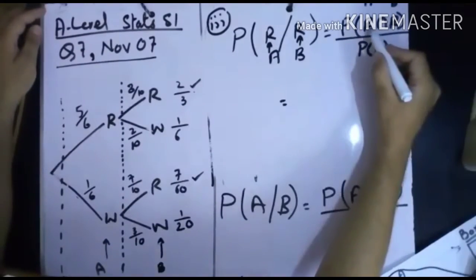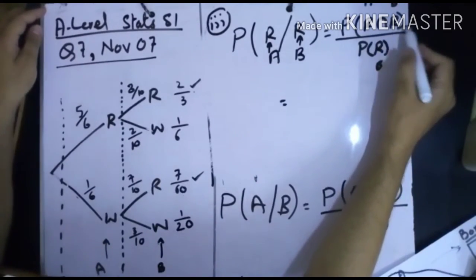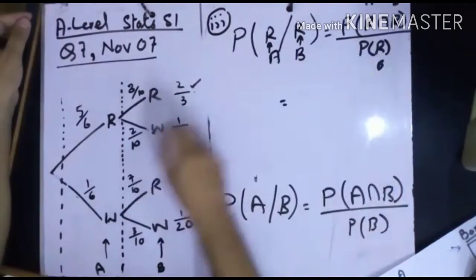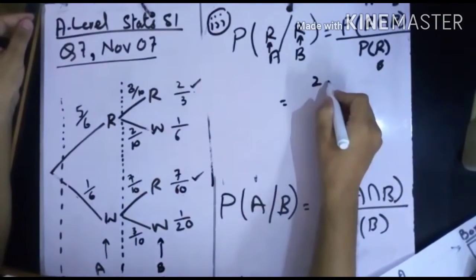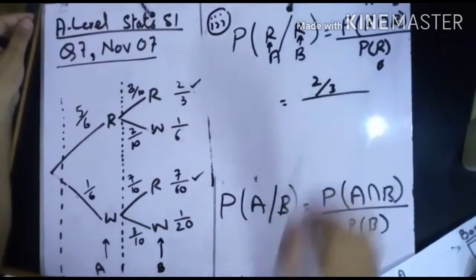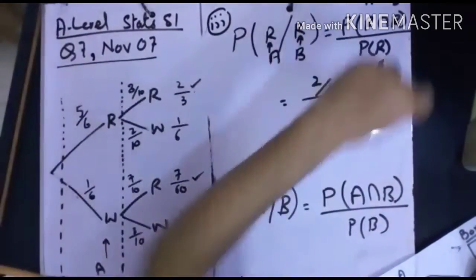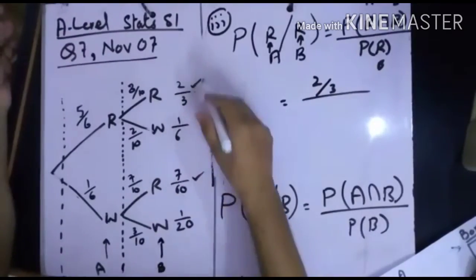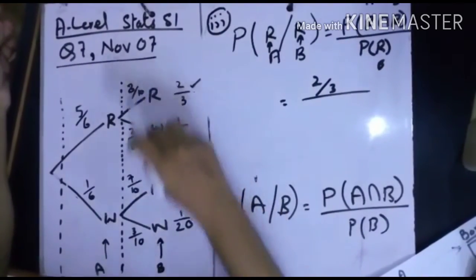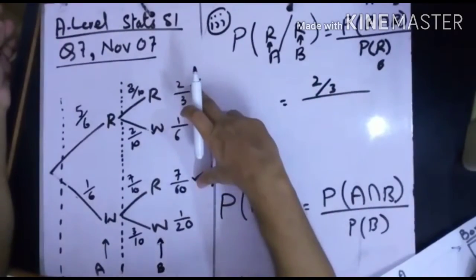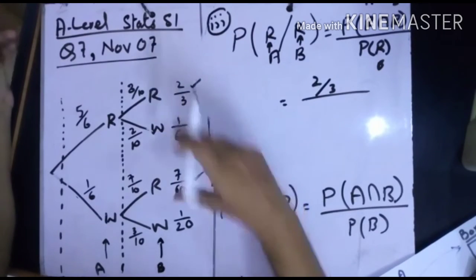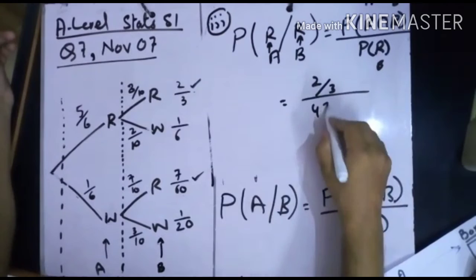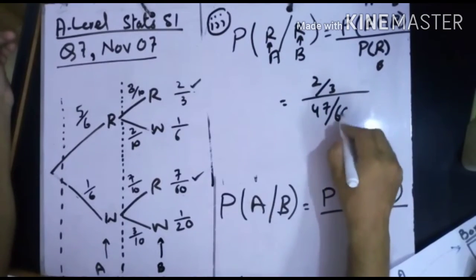Red from A and red from B is this case, and the probability is 2 over 3. Divided by the probability of red from B. This is red from B. The total probability in the second part of the question was 47 over 60.